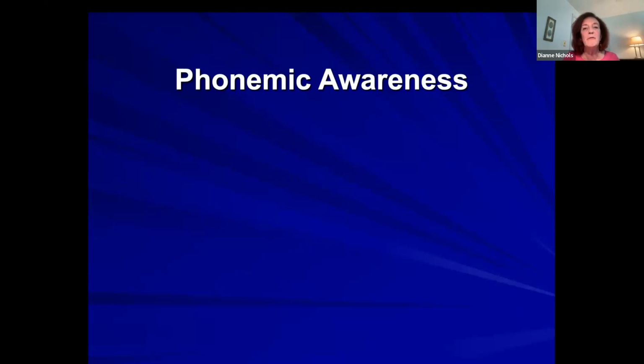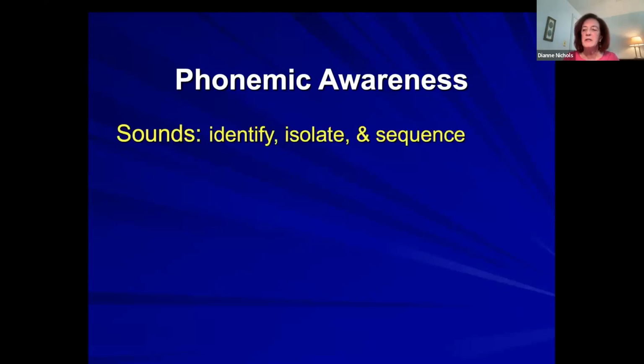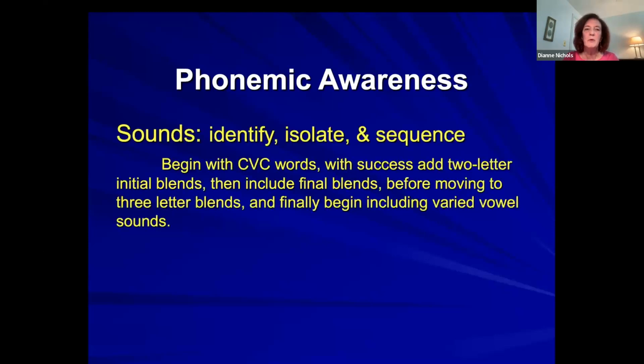We call this skill phoneme segmentation, and students may need lots of practice before they become proficient. It's important to begin with 1-syllable consonant, vowel, consonant words, and then with success, add 2-letter initial blends, and then include final blends before moving to 3-letter blends, and then including some varied vowel sounds.